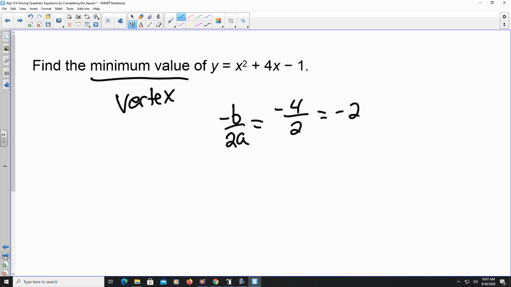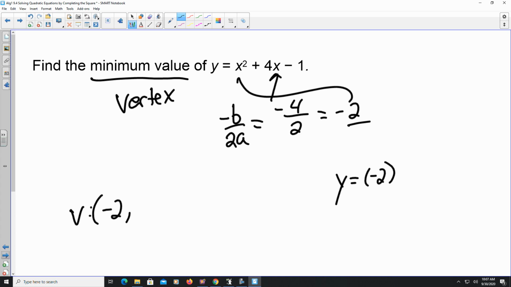So that's my x-coordinate. If I was looking for that value, I would say my vertex is at negative 2, comma. Now to find what y is, I'm going to take this negative 2 and substitute it into the variables of x to solve for y. So I get y equals negative 2 squared plus 4 times negative 2 minus 1.